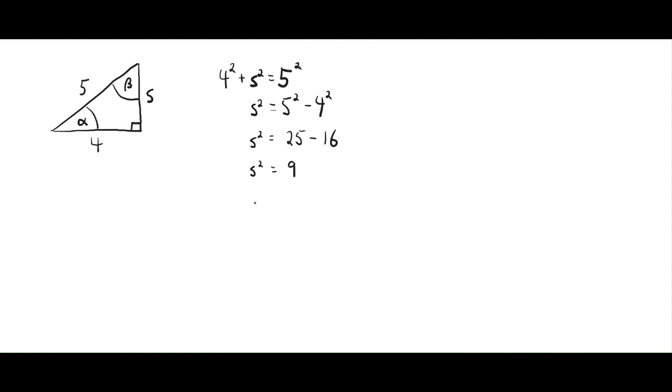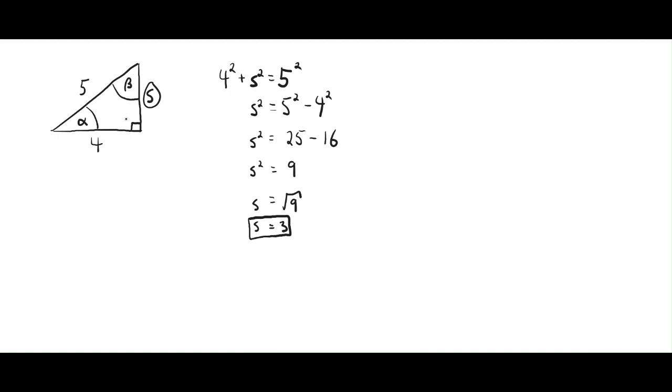And now S is the square root of 9. If S squared is 9, then S has to be the square root, and we get S equals 3. So now we know what S is. Let's just put a little box around that. Okay, so this one is solved.